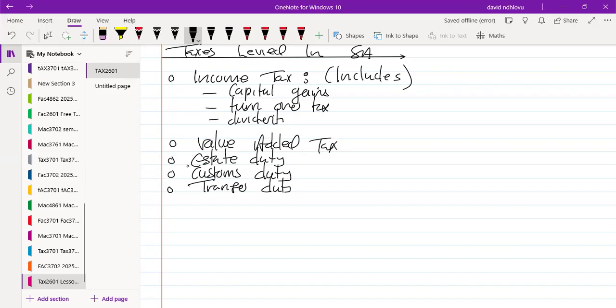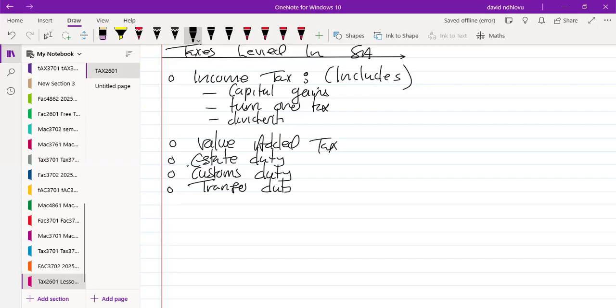For example, if you are buying a building, a house from someone, and that person is going to charge you and then transfer the property to you, there will be transfer duty charged by SARS on that transaction. So whenever there is an exchange of an asset from one person to the other, especially if it's an immovable property like a house or a factory, SARS will charge what is called transfer duty.